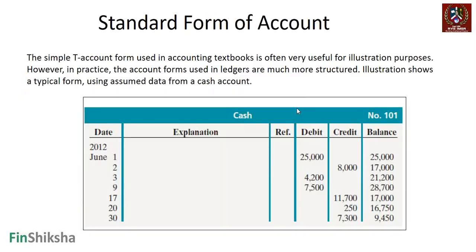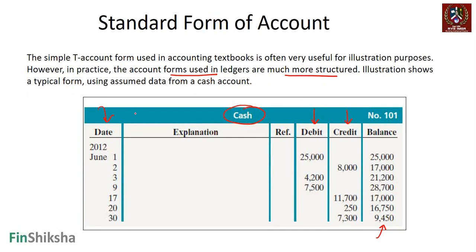So next we move ahead to understand how this account gets created. A simple T account is very useful for illustration, but in practice, the account forms used in ledgers are much more structured. For example, if you look at a cash account, what has come in and what has gone out is going to continue, and you keep getting the balance after each transaction, and on each date chronologically you'll keep putting in the data points, right?